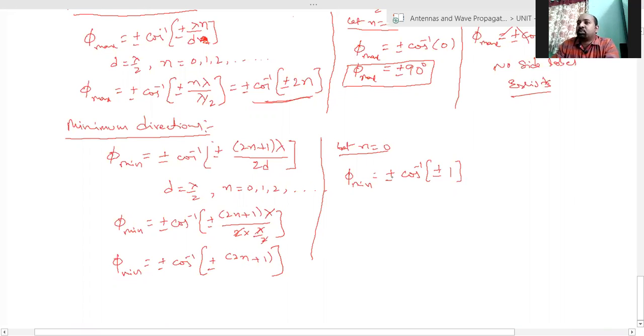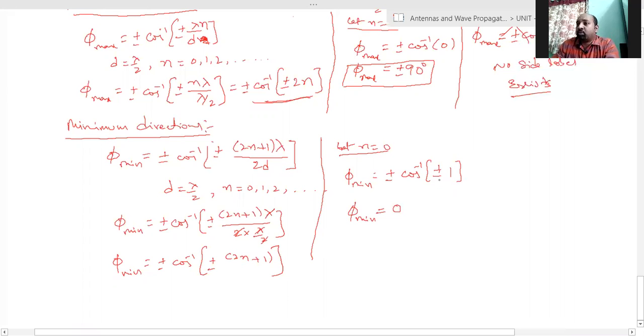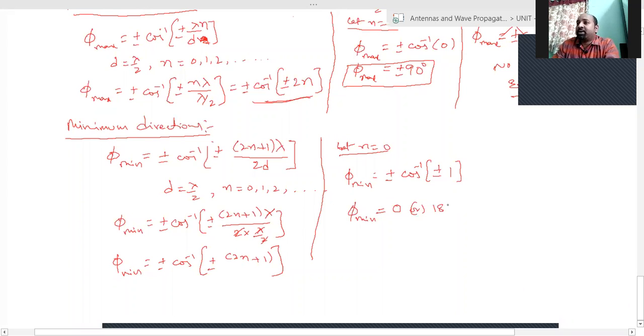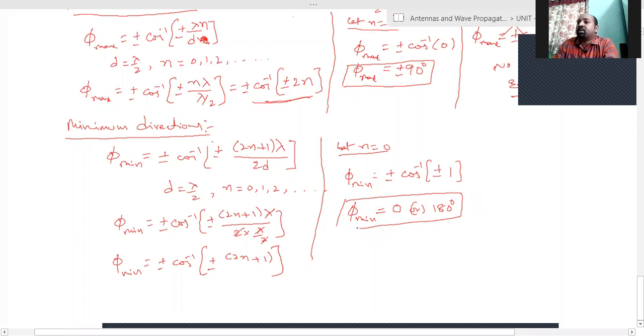So therefore phi minimum is cos inverse 1, 0 degrees, and cos inverse minus 1, 180 degrees, right? So these are the minimum directions.